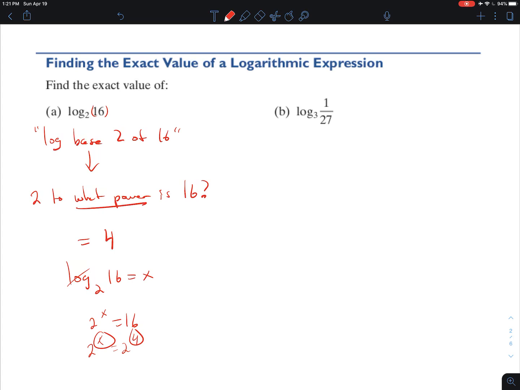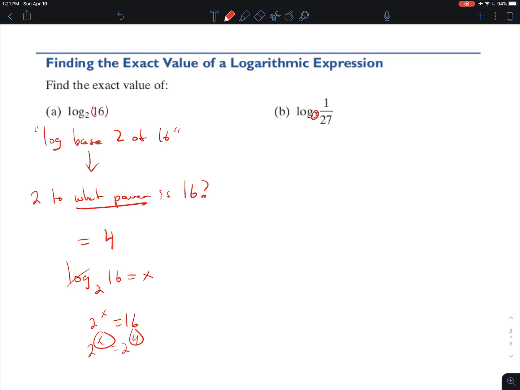By the same logic, this question is saying 3 to what power is 1/27th? Now, you may not know that immediately off the top of your head, but 27 in terms of powers of 3 is actually very useful, because 3 squared is 9, 3 cubed is 27.